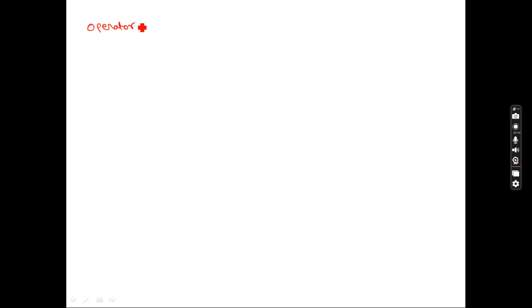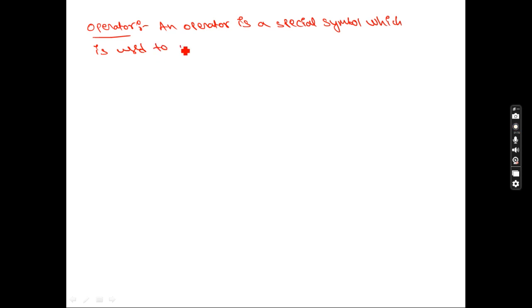If anyone asks what is an operator, you need to say: an operator is a special symbol which is used to perform a specific task.